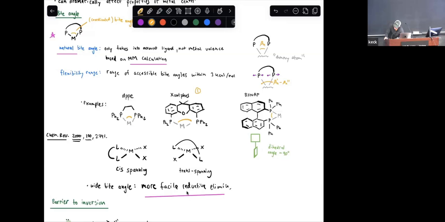Why do you think BINAP's the smallest? I guess the conjugated aromatic system makes this. Okay, yeah, you've got two competing factors here. You've got the size of the chelate ring. In the DPPE case, you've got metal, 1, 2, 3, 4, 5.